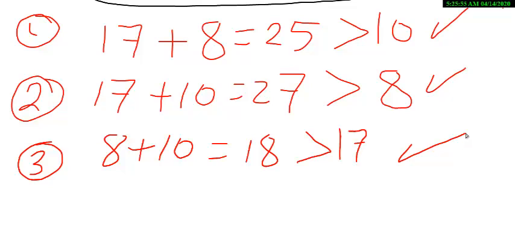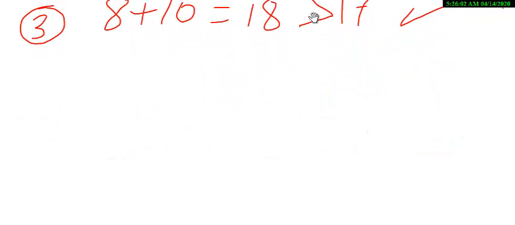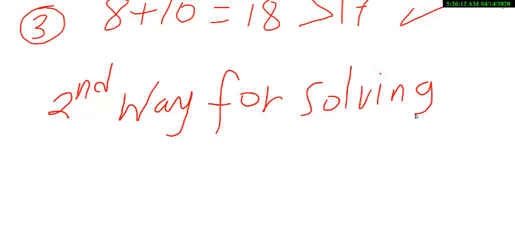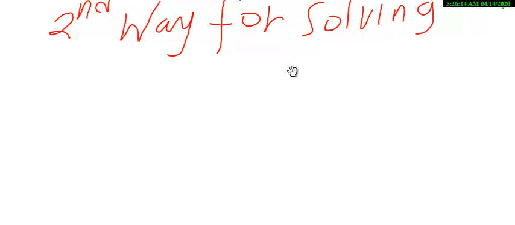This is the first method. We need to have another way for solving this type of question, so I'm going to give you a second way. The second way depends on a strategy which I'm going to illustrate now.